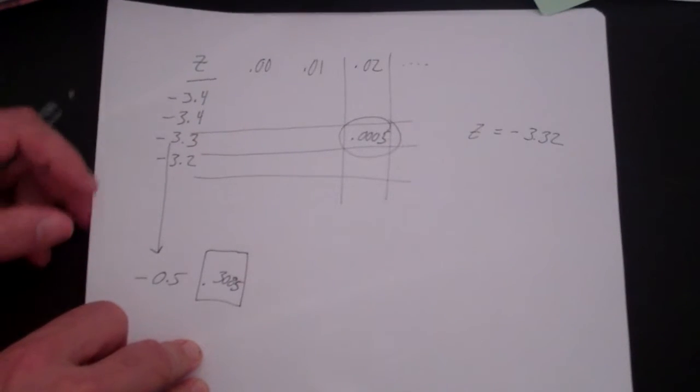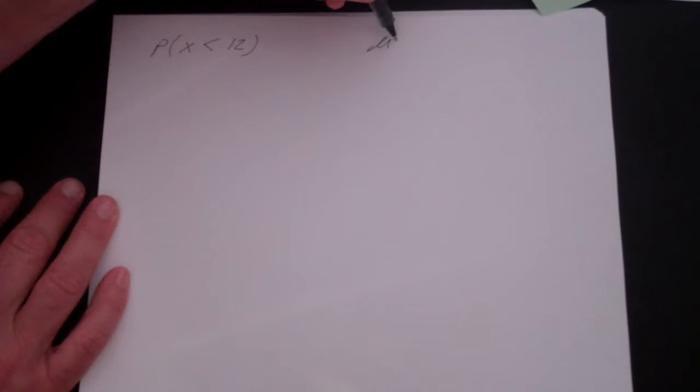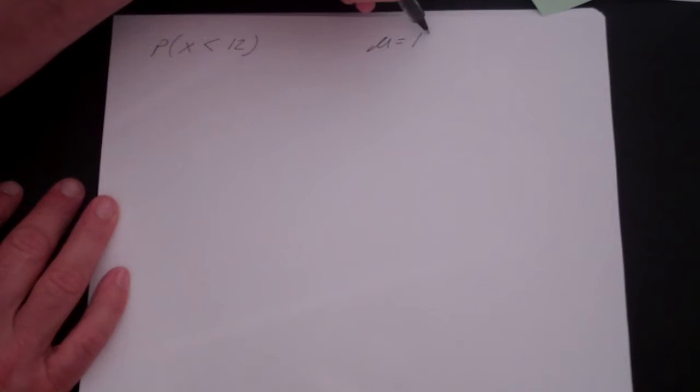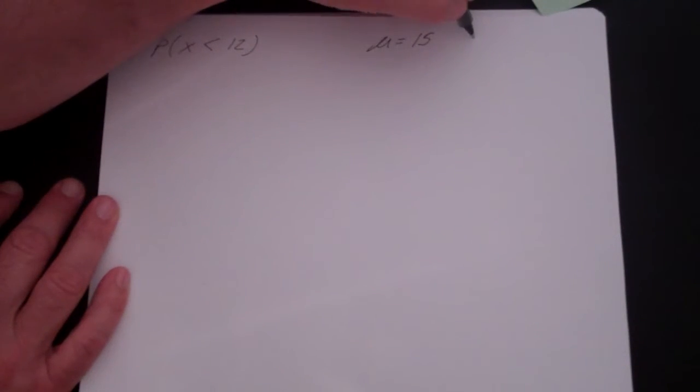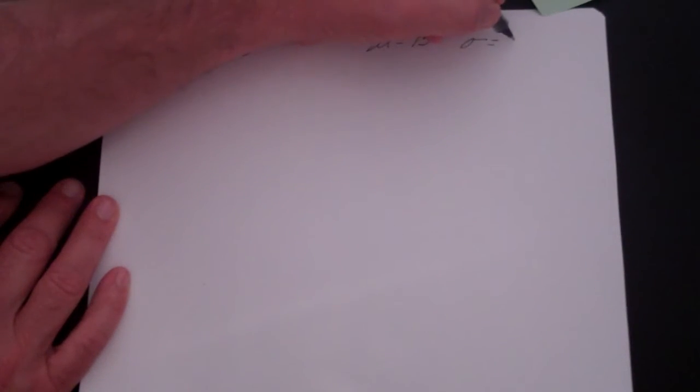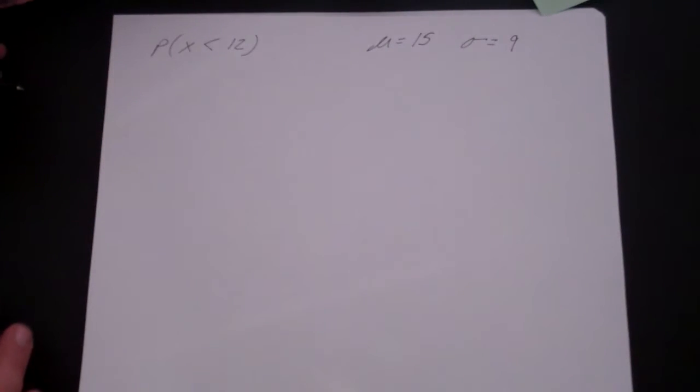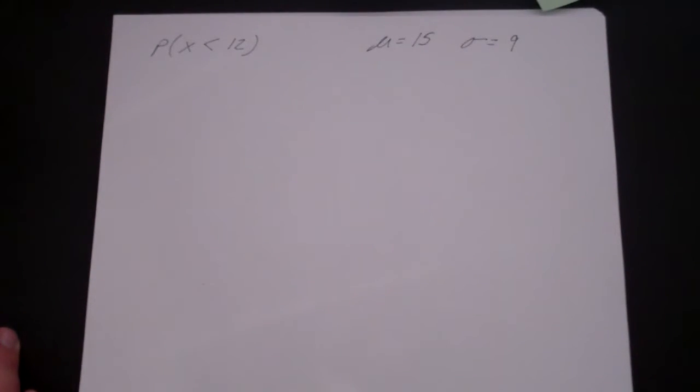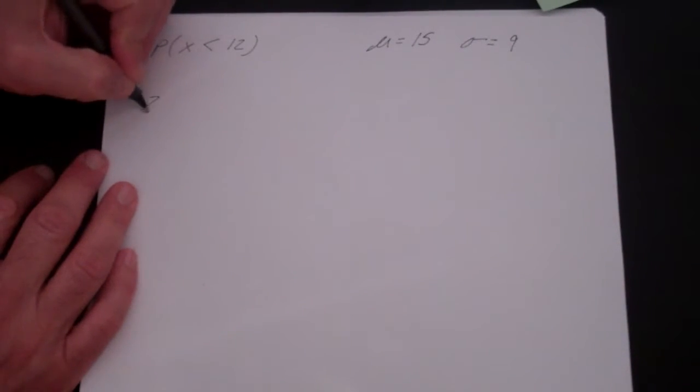Let's do one more example. Let's find the probability that x is going to be less than 12 when mu is equal to 15 and sigma is equal to 9. So first step is you calculate the z-score.